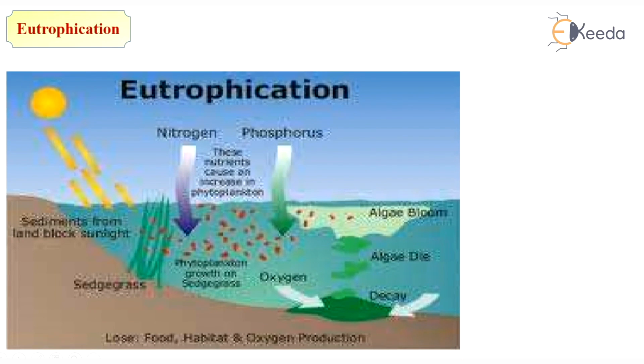As you can see in this diagram, because of excessive growth of algae on the top surface of the water body, the sun rays and the oxygen will not penetrate to the bottom layer, so sometimes anaerobic conditions will occur, and because of that there is rapid depletion of dissolved oxygen content, and it will be harmful for aquatic life as well as other organisms or bacteria present in the lake.